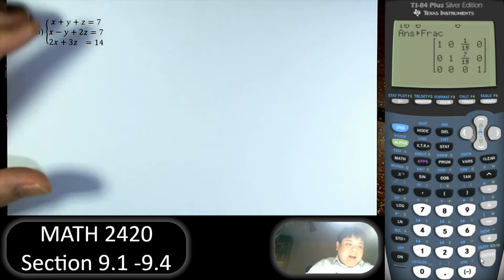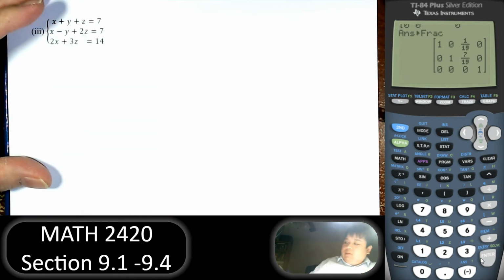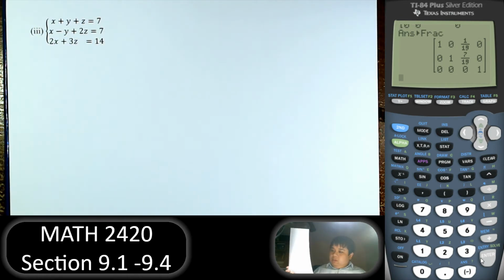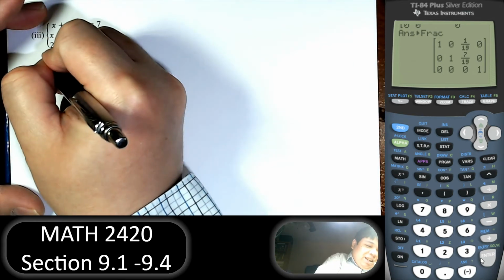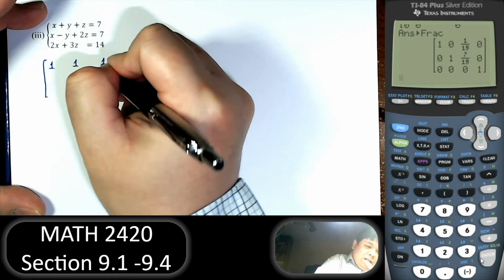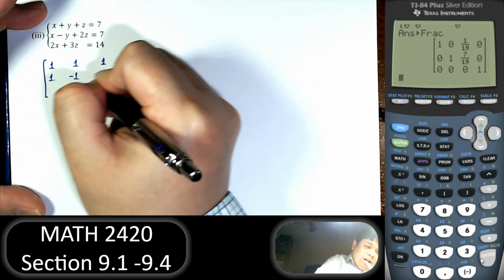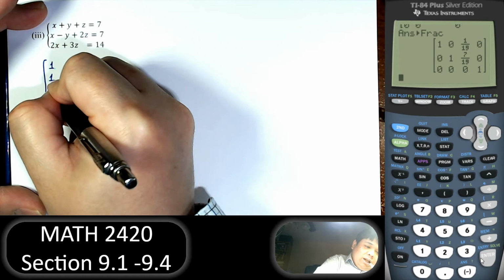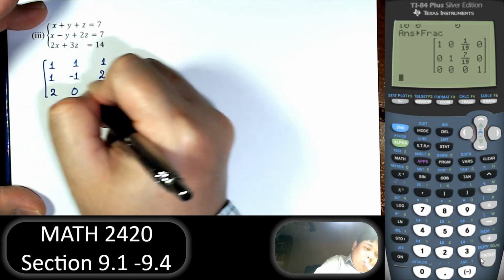Now, we have this. Once again, I'm going to check that it was correct. 1x, 1y, 1z; 1x, -1y, 2z; 2x, 0y, 3z.